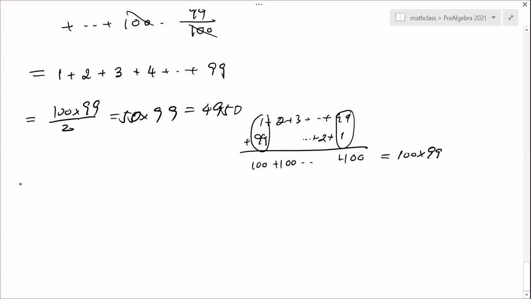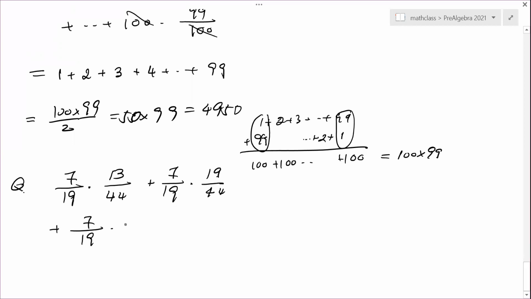So I wanted to do the following. I did a lot by myself here. Now, 7 over 19 times 13 over 44, plus 7 over 19 times 19 over 44, and plus 7 over 19 times 25 over 44.